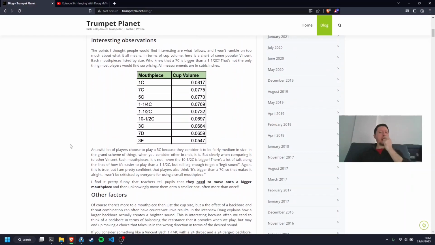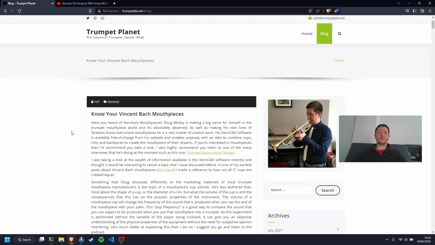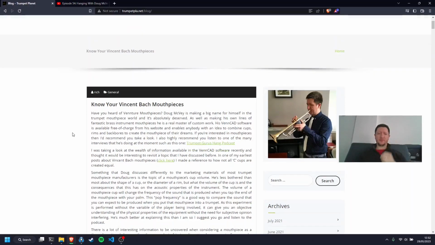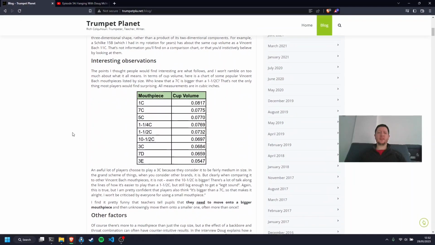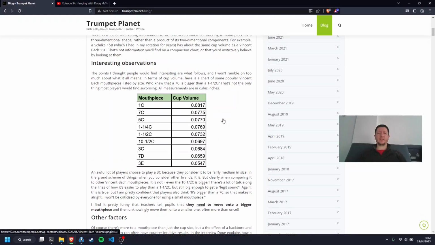But there's this blog post here, Know Your Vincent Bach Mouthpieces. I have a series of articles about Vincent Bach mouthpieces for a number of reasons. But one of what I've done with this post is I essentially just extracted a lot of data from VennCAD, and did a chart of the cup volume of these various mouthpieces.